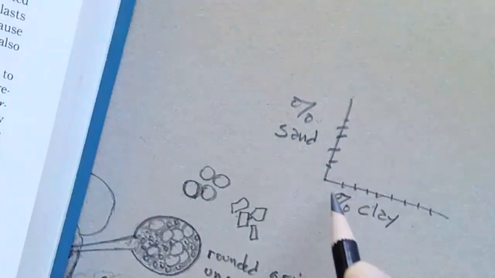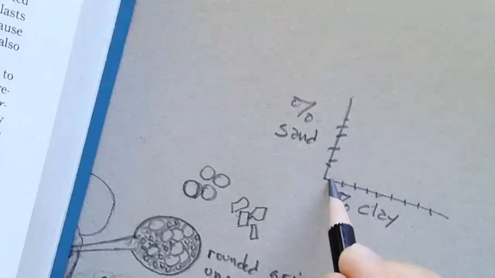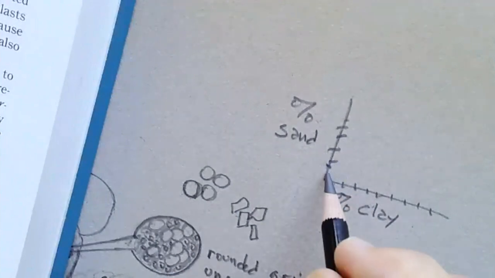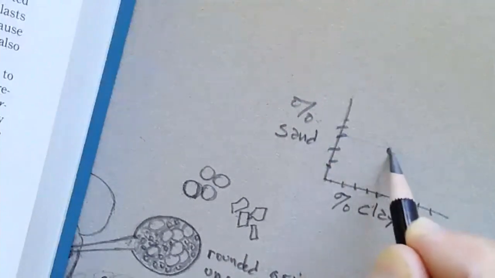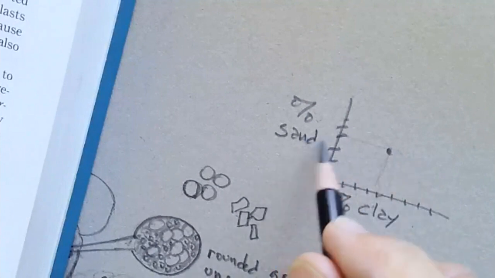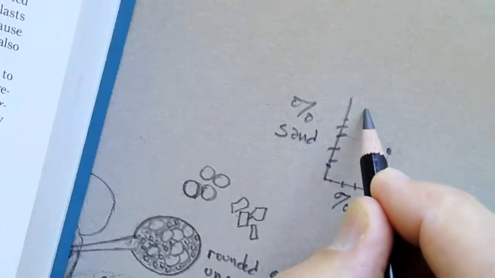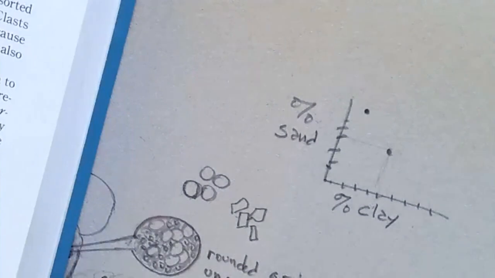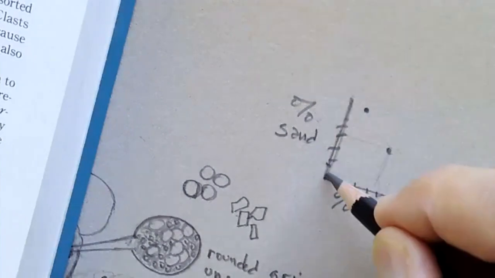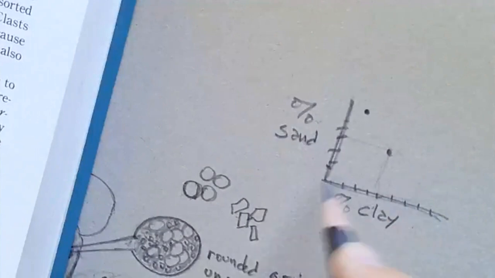So if I'm looking at a rock, I could plot it on here. If it's 50-50, it's going to be a little spot in there. If it is actually mostly sand, then it's going to be a little dot up in here. Does that make sense? So we've got two axes here.